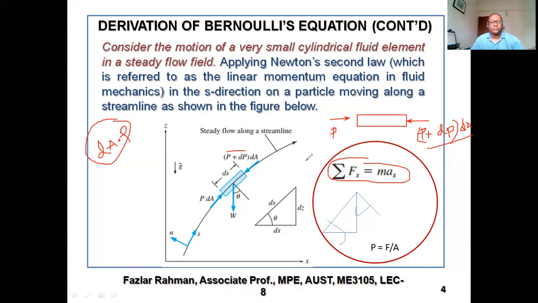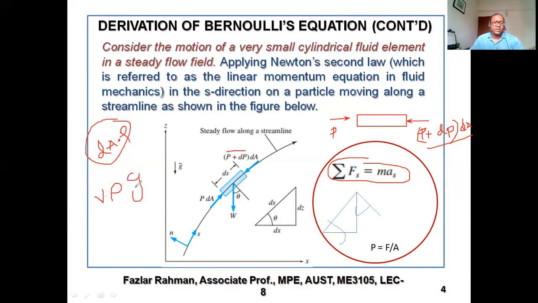Now, you have to think about how many forces are working there. Two are the pressure forces, and also there is the weight of the fluid. It works vertically; the weight of the fluid is W. How do we figure out the weight? If you know the volume of the fluid, multiply by rho and you get the mass.